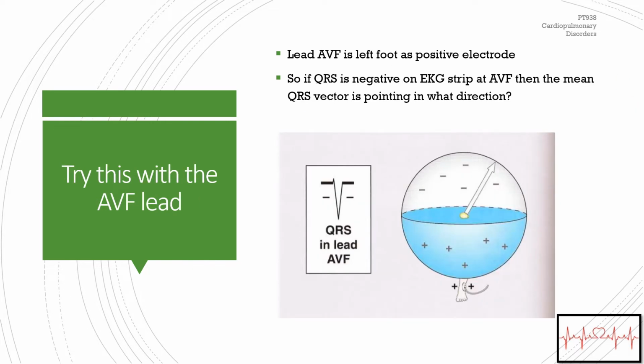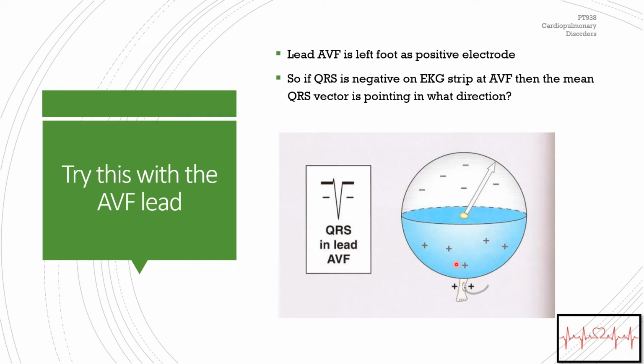So another example to explain this, using AVF. Remember, this is the foot lead on the left foot. So typically we would have a mean QRS that's pointing like this, right down in this direction, which would be a positive QRS wave, which is what we're used to, just like this one down here is a positive RS wave. If that's the case, then our vector would be pointing here.